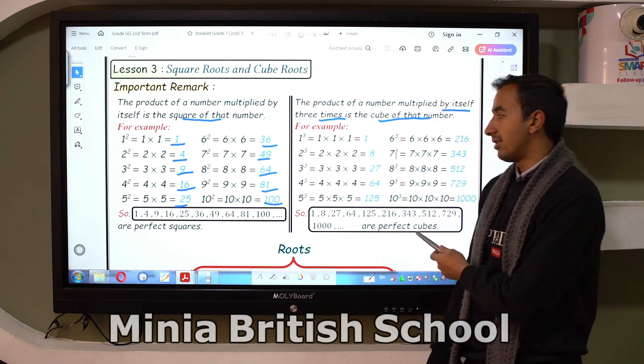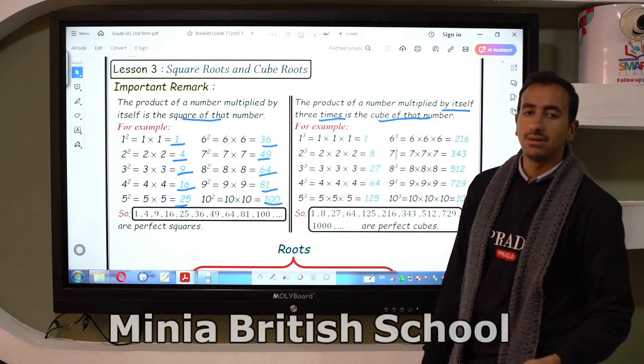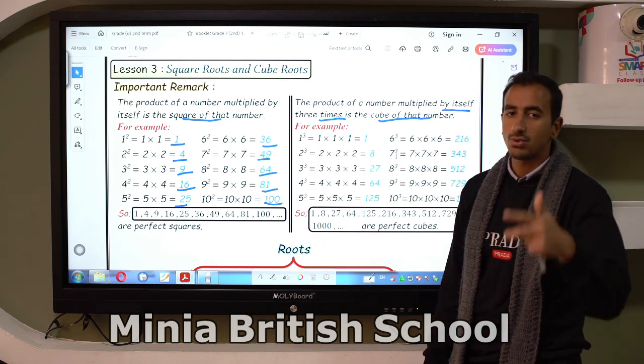Now on the other side, 1 power 3 means 1 times 1 times 1.